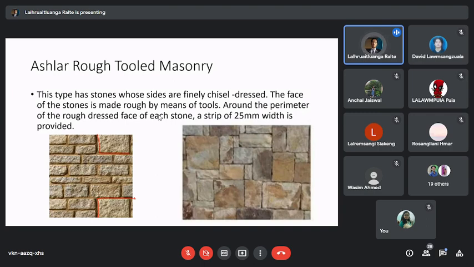So most of the time we are seeing stonework or stone masonry like this. We try to emphasize the pleasing visuals that it is giving. In this one, you will see that there are some areas where we have larger blocks, and some areas where we have smaller blocks.